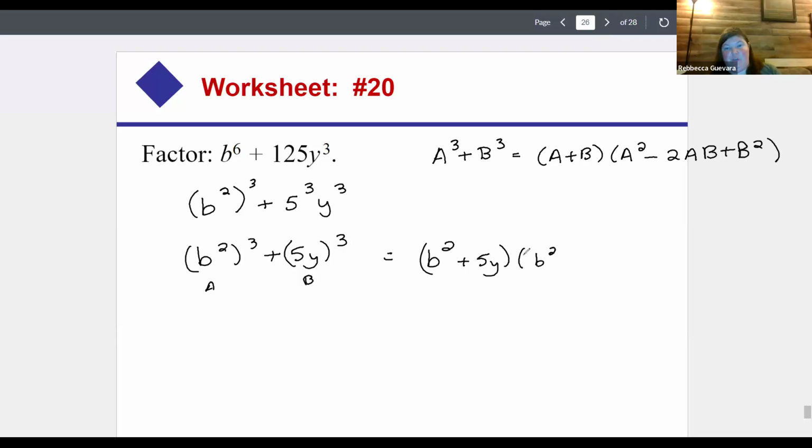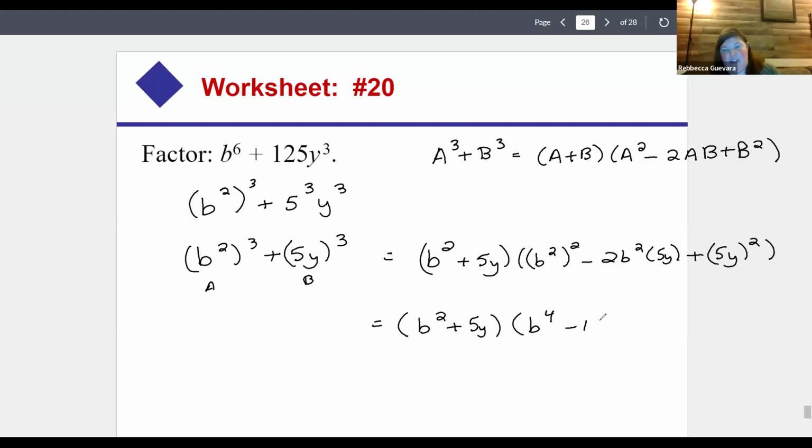Then we would have b squared squared minus b squared times 5y plus 5y squared. So it kind of simplifies a little bit. We got b squared plus 5y, b squared squared, so we multiply that, that's going to be to the 4th. Then here we get negative 5b squared y plus 5y squared.